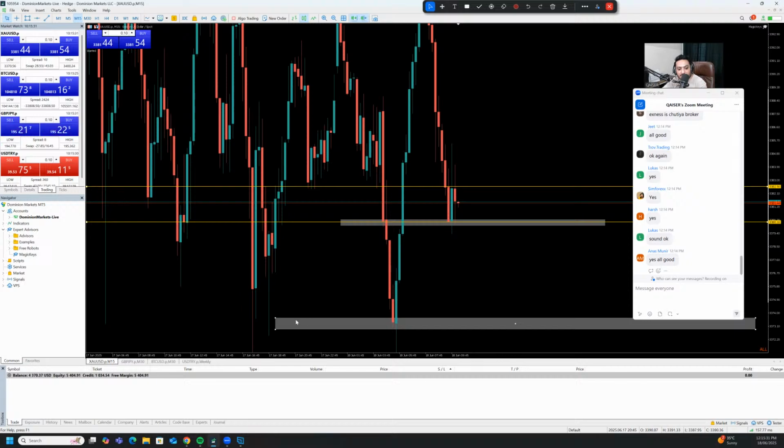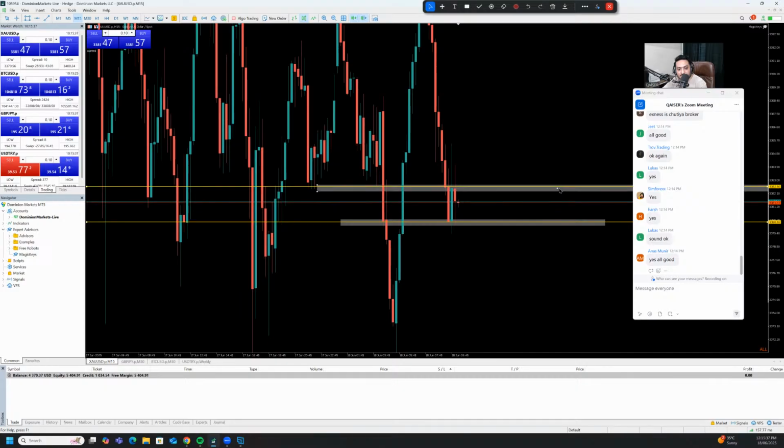Here we're having a resistance. See this one. If a candle closes above the resistance area, that would be a confirmation candle on the M30 as well.